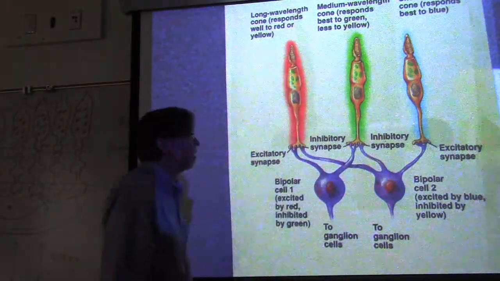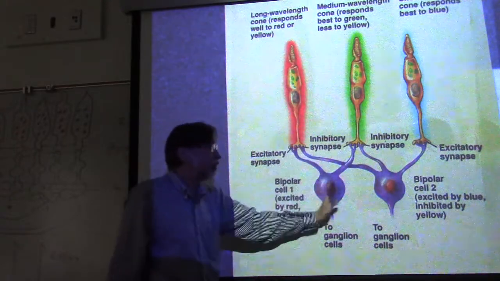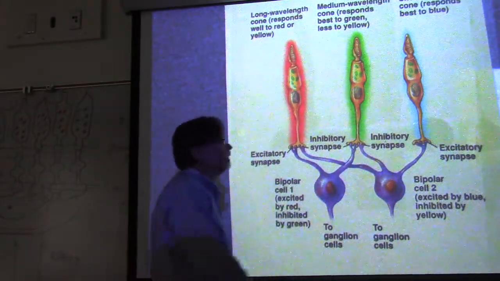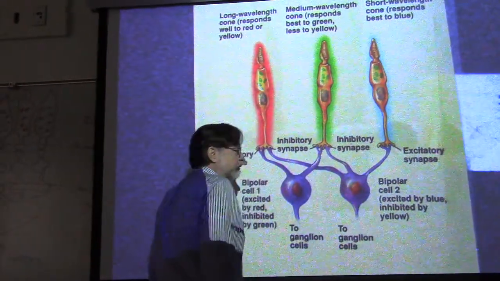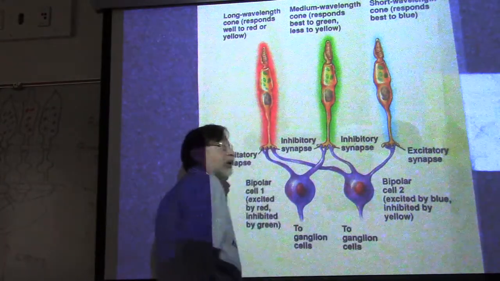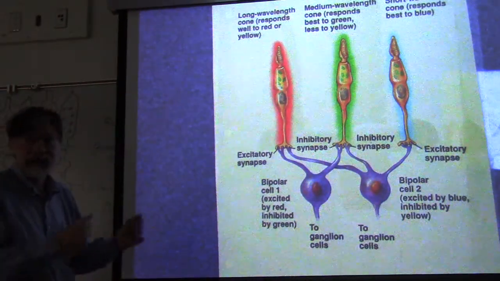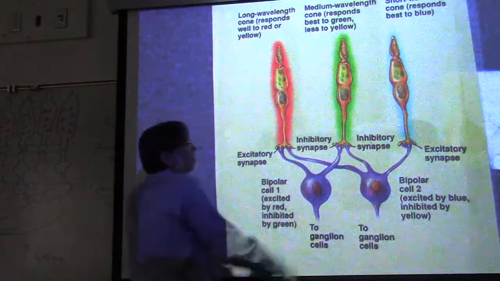On the other hand, if I have red light and no green light, then the person is going to see red optimally. Okay? And over here we've got the same kind of thing going on for blue and yellow, and we can have blue versus red, because there's a lot of things you could have with inhibitory synapses, but let's focus on this one for our demonstration, all right?